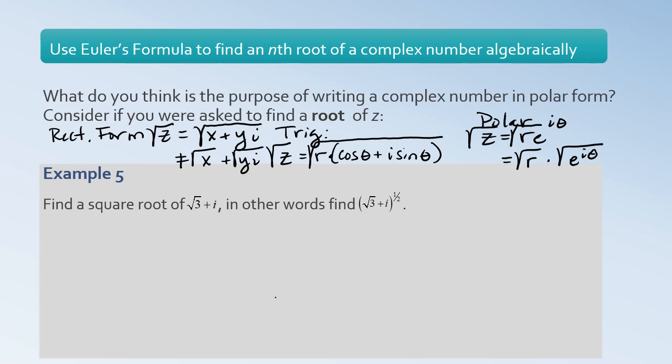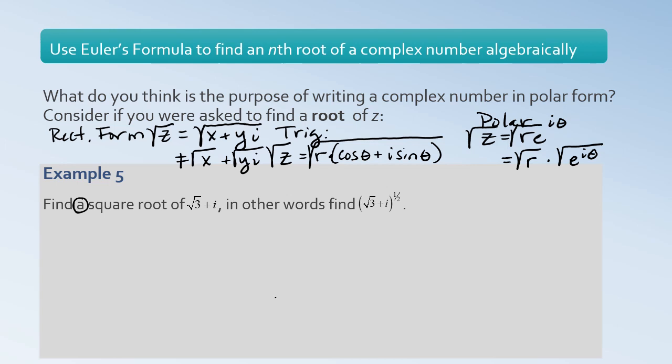Find a square root. Notice it says a square root because we know that if you're being asked to find a square root, you can have the positive or the negative. So there's two possible square roots. We're only being asked to find one of those.